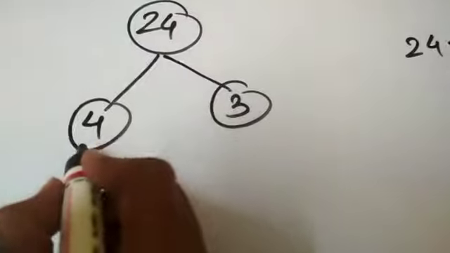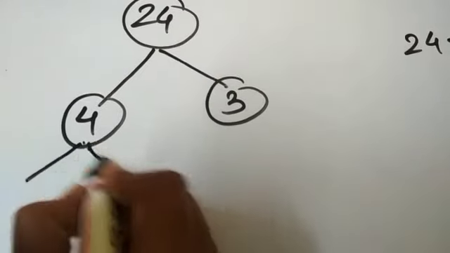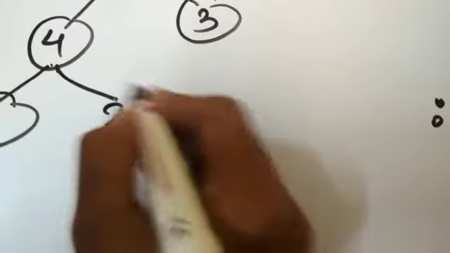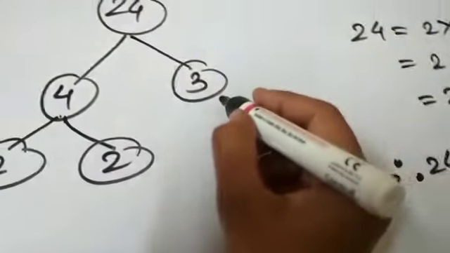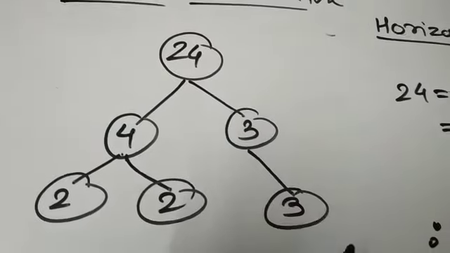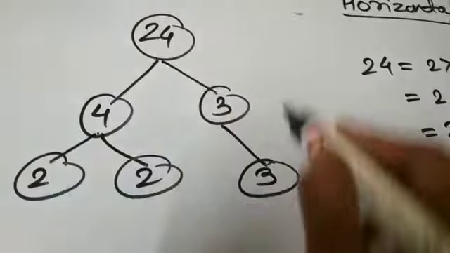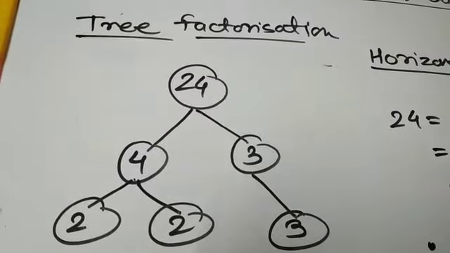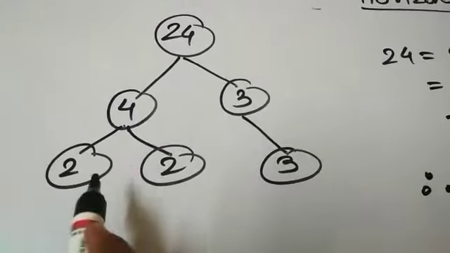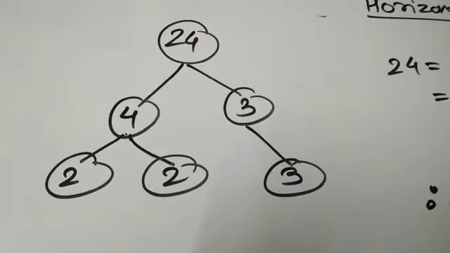Now I can factorize the 4 again into prime numbers as 2 2s are 4, and this 3 is already a prime number, so this 3 will be carried out as it is to the last step. These look like the branches of a tree. That's why we call it the tree factorization method. And at the last you can see that you are getting all the numbers as prime numbers.